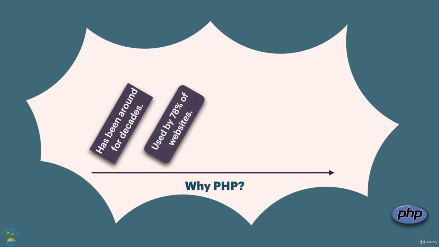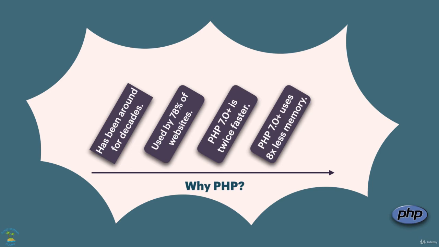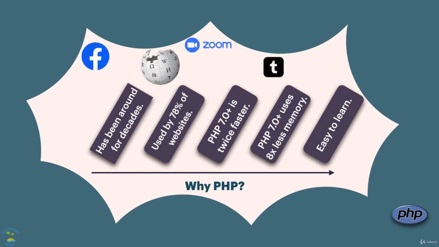Also, it still powers 78% of websites worldwide. The new versions of PHP from version 7 and beyond are twice faster than the previous generation and use 8 times less memory. Also, PHP is a technology which is very easy to learn, and you will see this in the course videos. Also, PHP is still used by some of the world top companies like Facebook, Wikipedia, Zoom, Tumblr, Flickr, and many more.